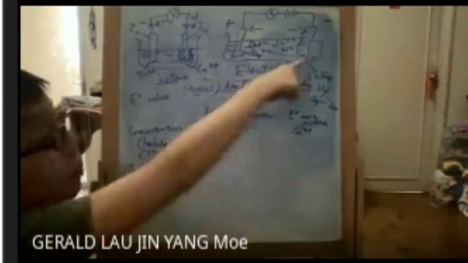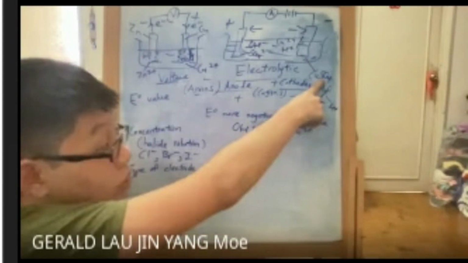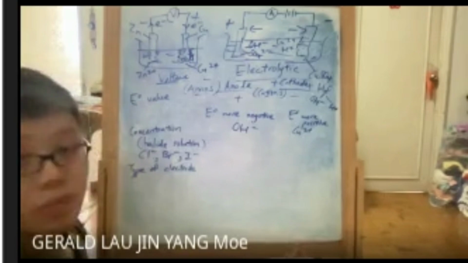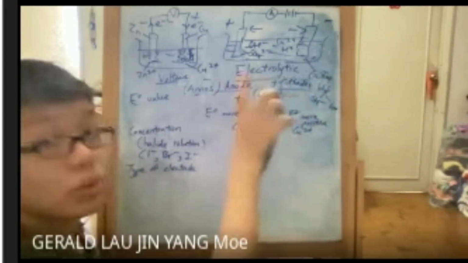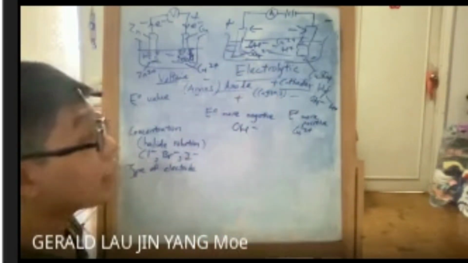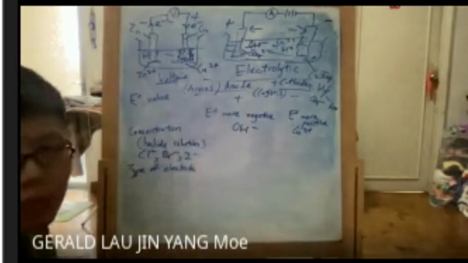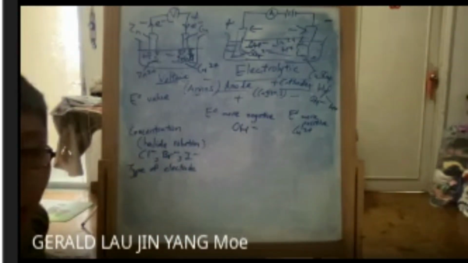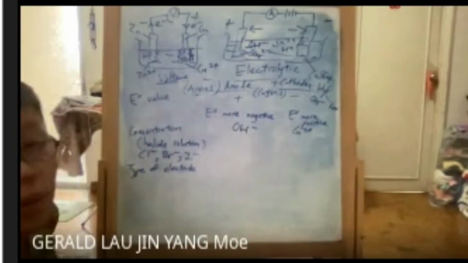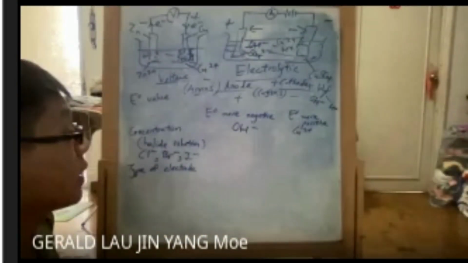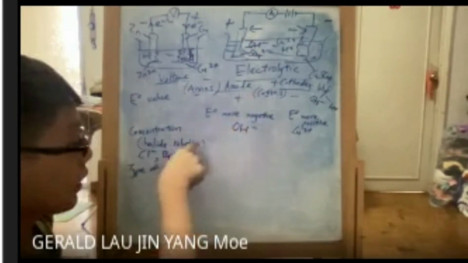Even though it is concentrated, because it is not a halide solution, ignore. But if I change to a halide solution and it is concentrated, why only halide? Because it is a special condition to the inert value. Because the concentration of the halide solution means more of the halide ions. So for a concentrated halide solution, then you look at it differently.